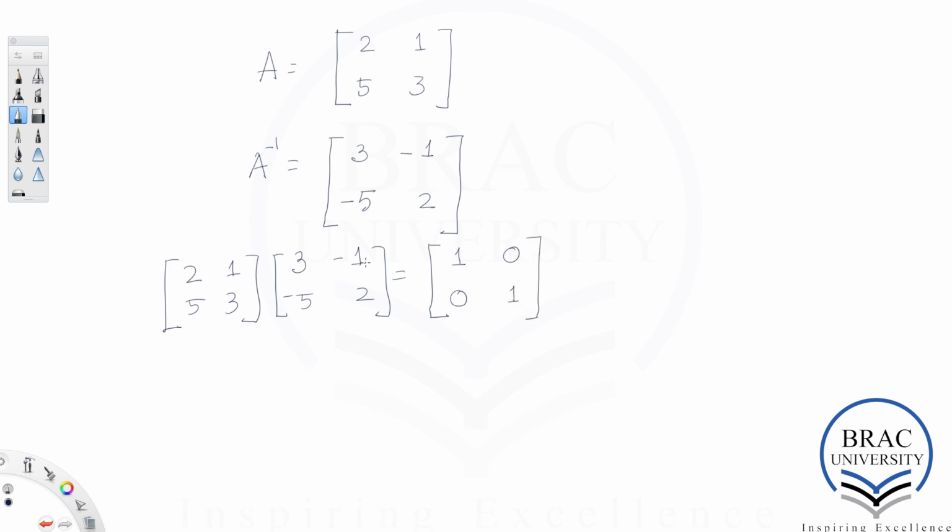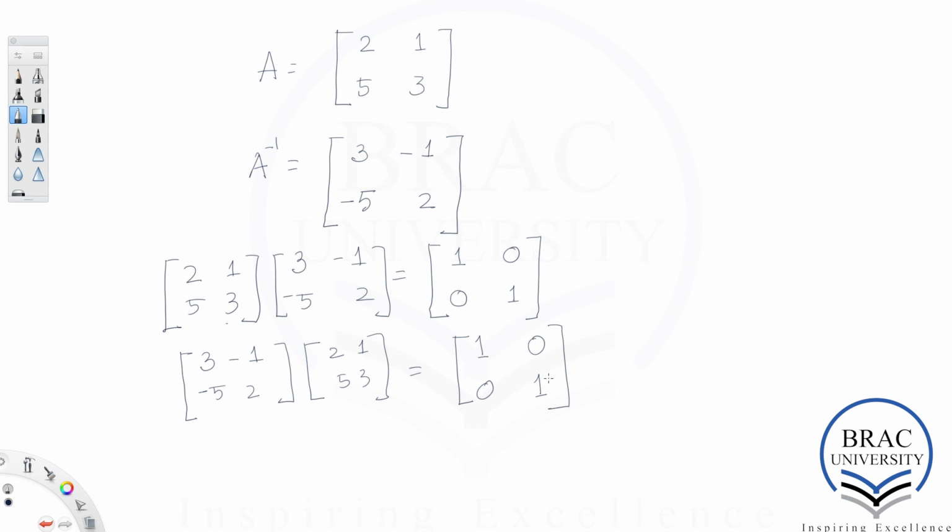Now we put 3, minus 1, minus 5, 2 first, and then we put this matrix 2, 1, 5, 3 and do the multiplication to have 6 minus 5, 1, 3 minus 3, 0, and then minus 10 plus 10, 0, then minus 5 plus 6, 1 again. Okay, which means that A inverse is indeed an inverse of A.